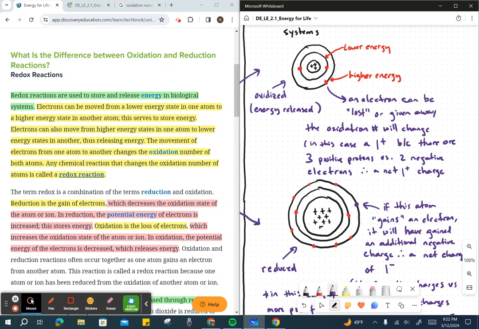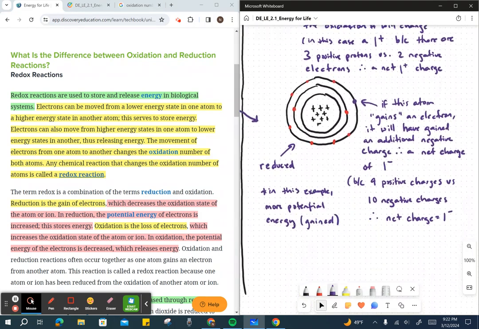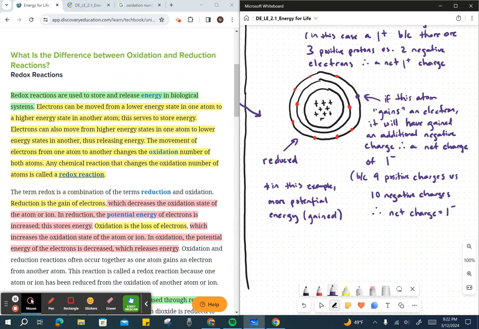So in this top example here, we have an oxidation that's occurred. If we go down to perhaps the element that it's reacting with, you can count the number of protons in the middle, all those little plus signs, 1, 2, 3, 4, 5, 6, 7, 8, 9 protons.